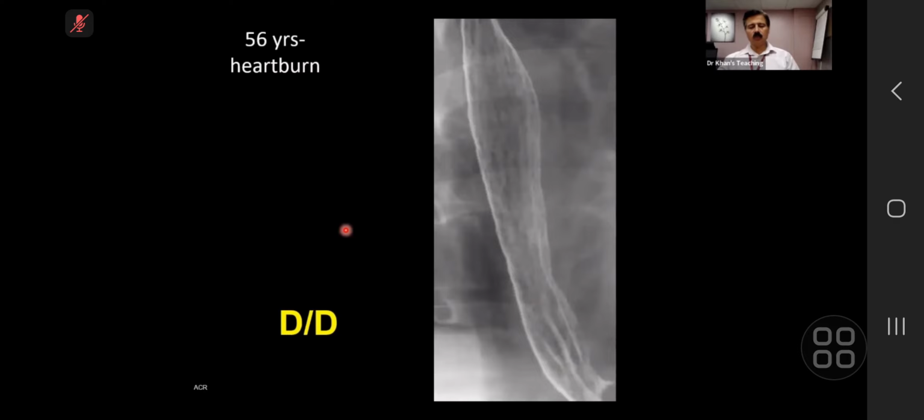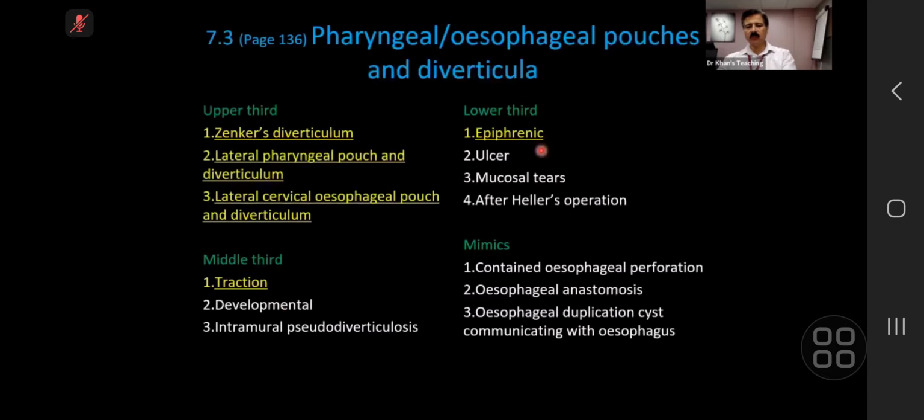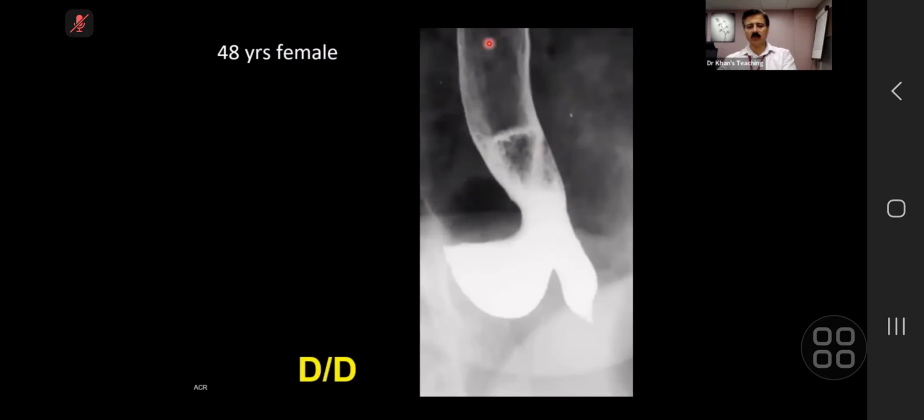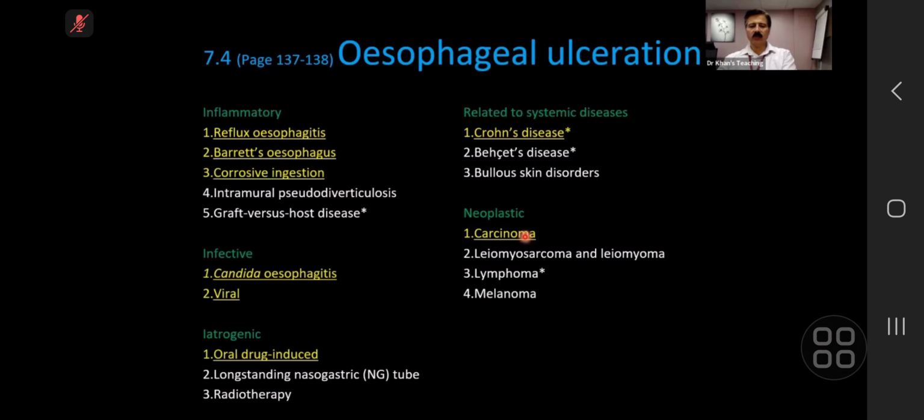Very good. So this pattern, classical description will be that it gives you a coarse or a fine granular pattern. Remember those words. You see, usually the esophagus is very smooth, and then you see this coarse granular pattern.